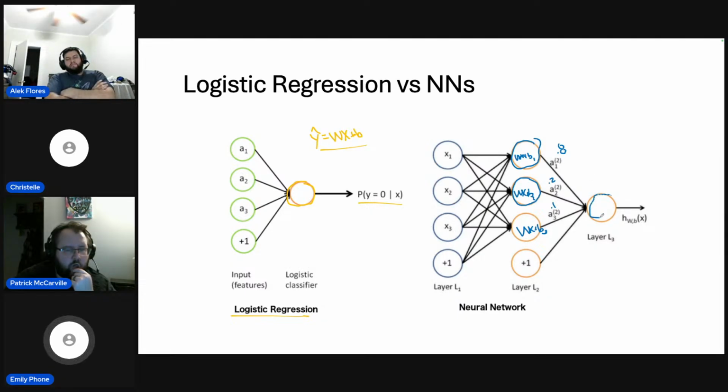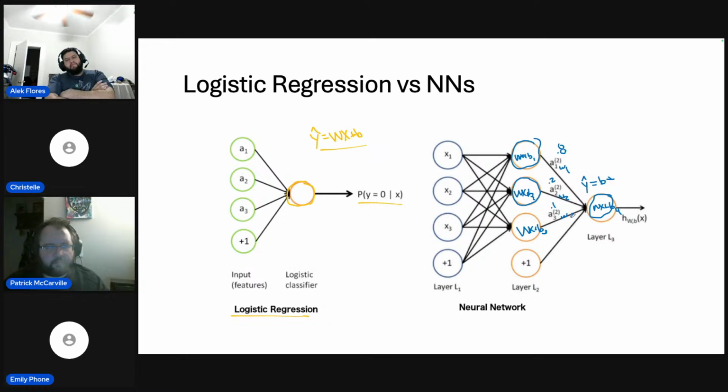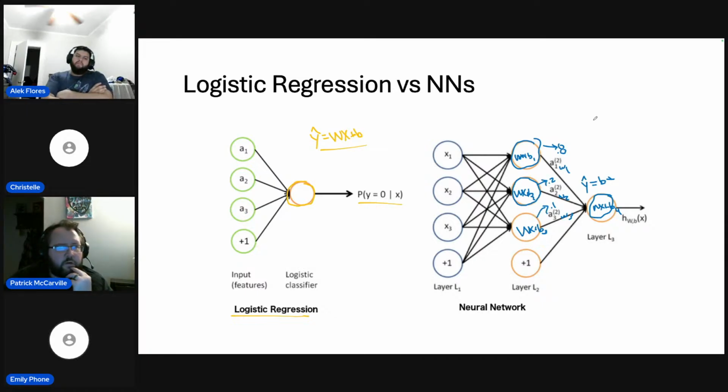And then what's fed to this neuron here, it also does wx plus, in this case, b sub 4. And what it's doing is we have our y hat is equal to our bias plus this. I'm going to call this w1, I'm going to call this w2 and w3. And this would be some weight. This is the output. These are the probabilities. So these are our x's in this case.